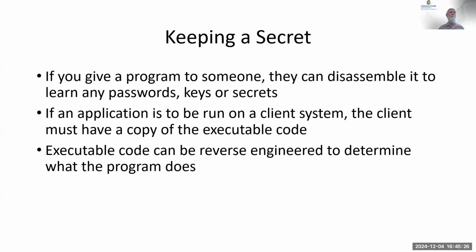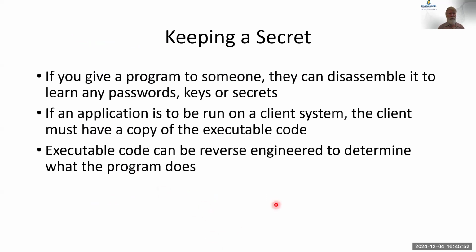Now, it's important to note that if you can take the machine language or the byte codes of a program and convert them back to source code, then if you have any secrets in the source code, such as encryption keys and passwords, they can be decompiled and read from the decompiled program.